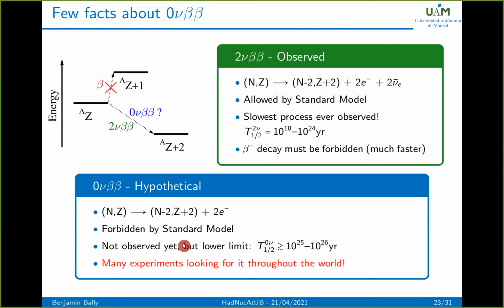We have not observed it yet, but the current experimental lower limit for the half-life is 10 to the 25th, 26th years. There are a lot of experiments around the world trying to observe it, because obviously if you get that, I guess you will get a Nobel Prize a few years later.